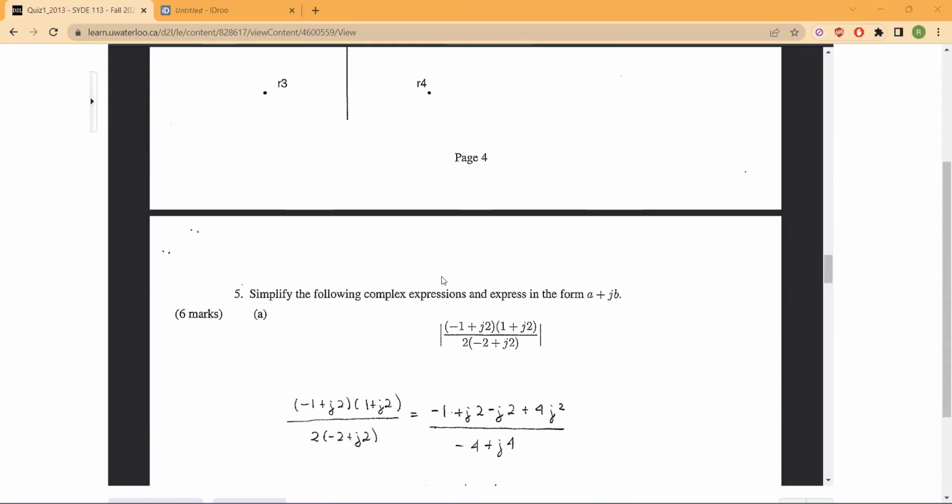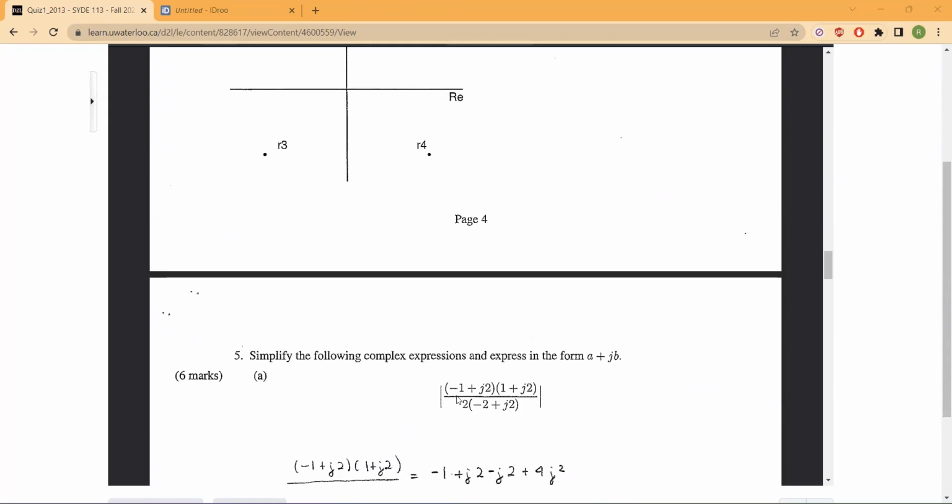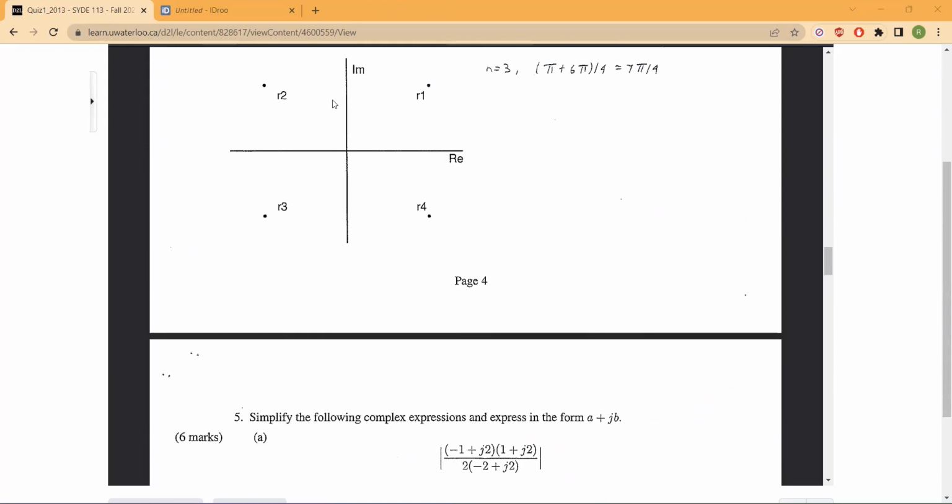Okay, simplify the following complex expression. I don't want to copy that down to the other app I'm using, so I'm just going to do it up over here. What we're going to do is multiply everything out. At the top, we get -1 minus 2j minus 2j plus 2j minus 4.